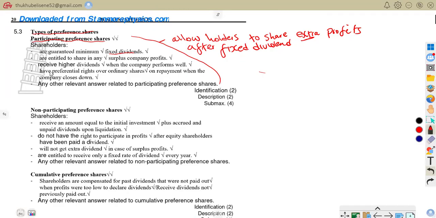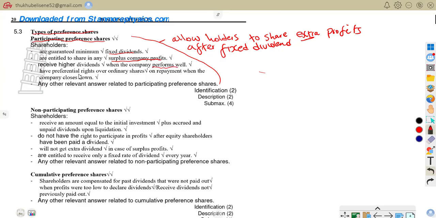Also, they are entitled to share any surplus company profits. When the profits are high, you are to share those extra profits. So they receive higher dividends when the company performs well. When the company performs well, it means there are more profits, so you add that extra to your fixed dividends.